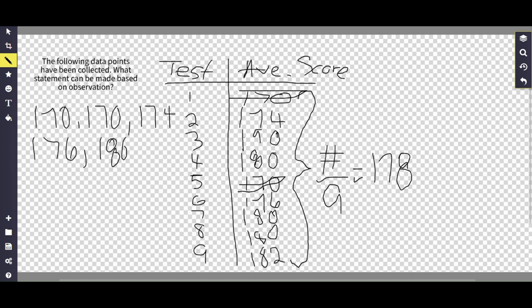I'm just looking at the table over here and listing them out from least to greatest, like I was saying earlier. So we've got 174, 176, and 180, then another 180. Then we get into what's left over. So it's three 180s. Then we get 182 and 190.